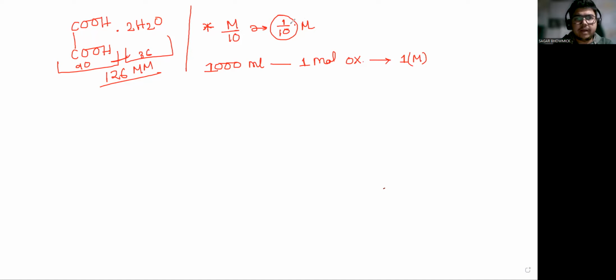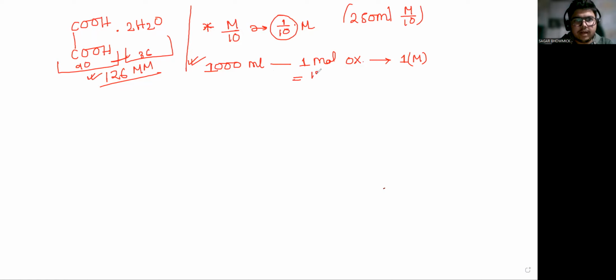So suppose you have to make 250 ml oxalic acid of M by 10 concentration. In this equation, if we modify a bit, 1 mole oxalic acid means we have found the molar mass here.